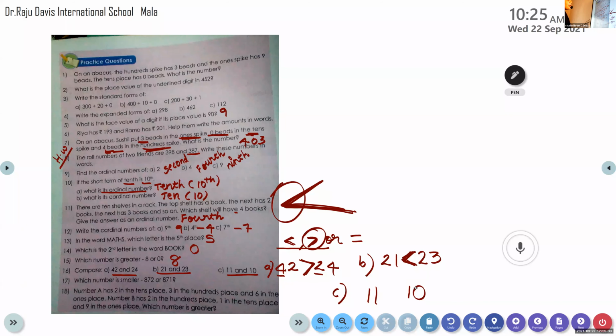Others, please keep your audio muted. Hamdan, can you hear me, dear? Yes, ma'am. 11 is less than 10 or greater than 10? Greater than 10. Your voice is not audible to me.